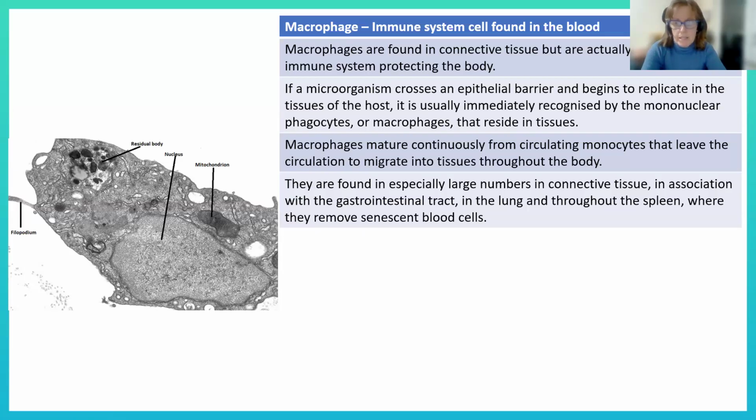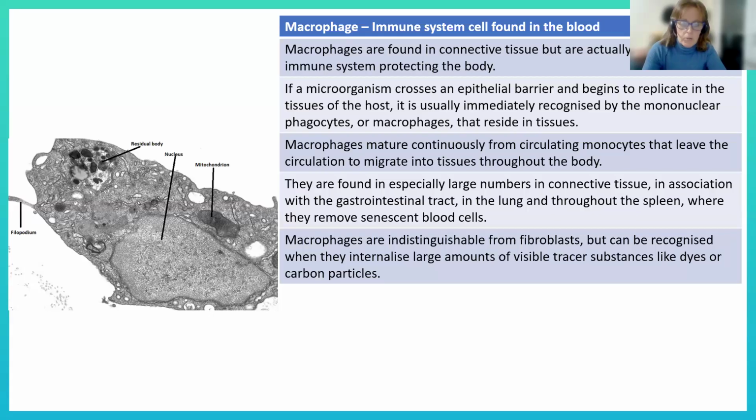If we're eating with our hands, we're taking in bacteria and all sorts of horrible stuff that needs to be dealt with as well. So these macrophages are found in large numbers where they're really needed, at these exchange surfaces, to protect us, and also at the spleen where they're needed to break down and remove these old red blood cells.